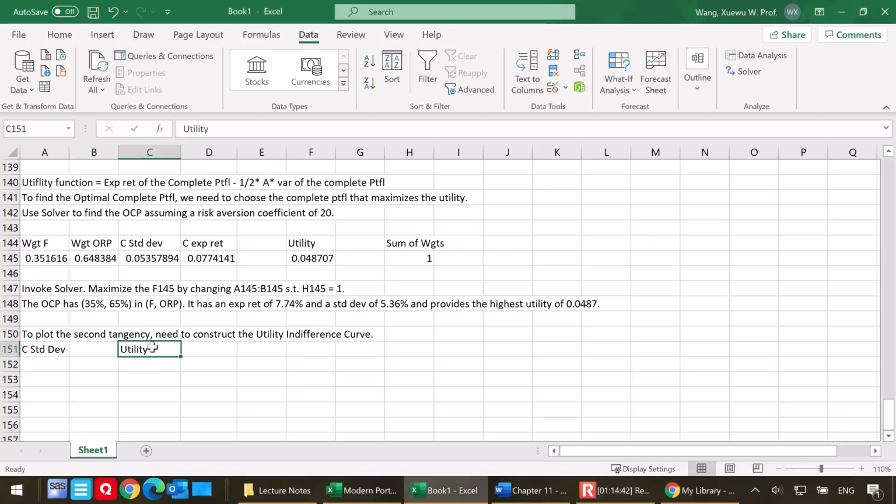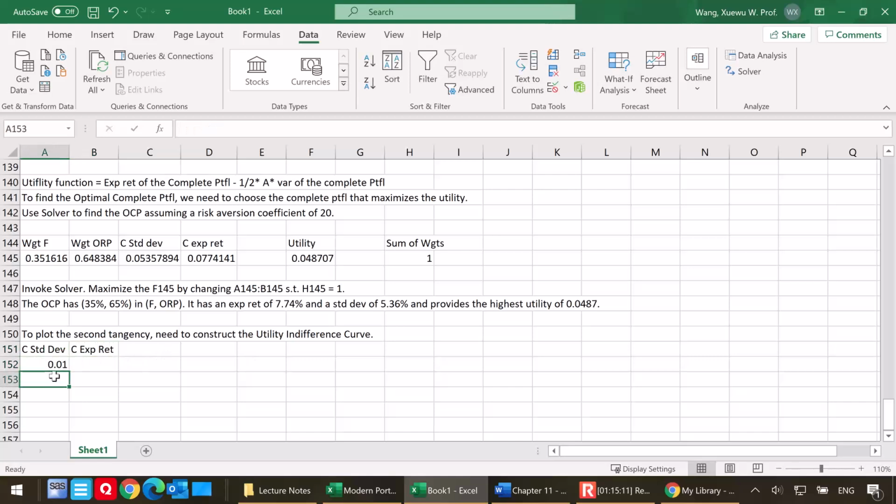So I just need to plot the utility indifference curve. For that, I just need to look at different complete portfolio standard deviations, and the complete portfolio expected return. Let's start with a very low standard deviation, which is 0.01, 1%.